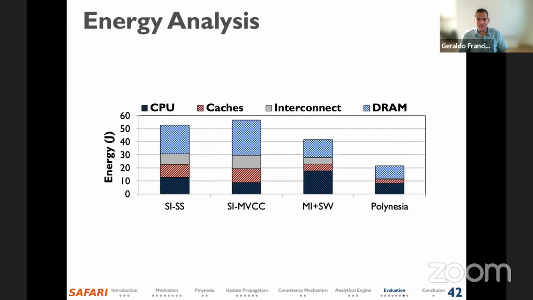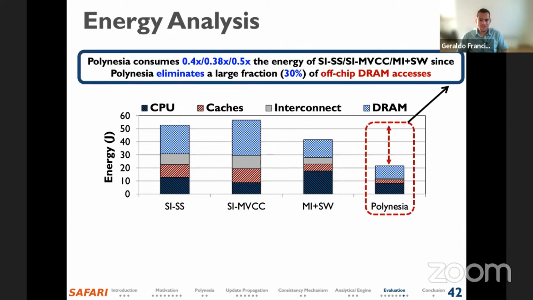We evaluate the energy consumed by Polynesia and our baseline systems when executing transactional and analytical workloads. In this plot, we broke down the execution and the energy consumed by varying components of the system, including CPU, cache, interconnect, and DRAM. We observe that Polynesia consumes only 0.4 times, 0.38 times, and 0.5 times the energy of the single instance system with snapshotting, the single instance system with MVCC, and the multiple instance system.